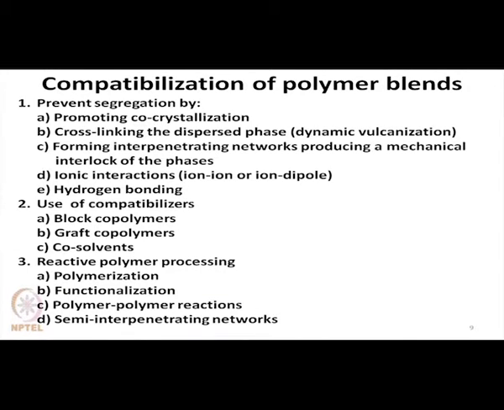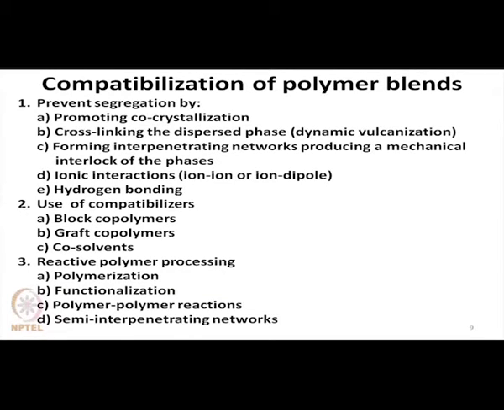So, there will be hydrogen bonds between the electronegative atom present in one polymer and the hydrogen present in the other polymer. Then the second principle is the use of a compatibilizer.